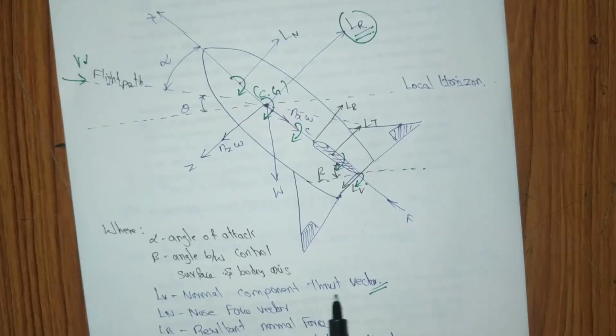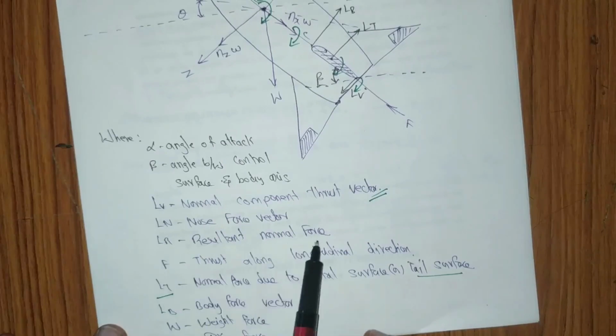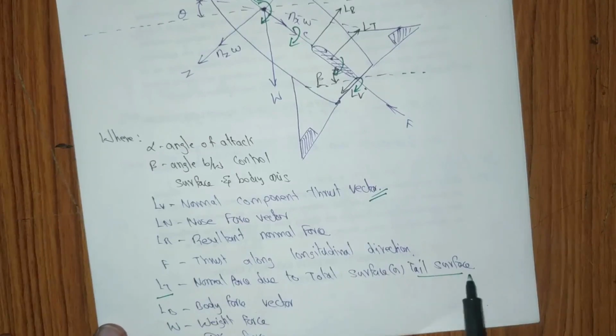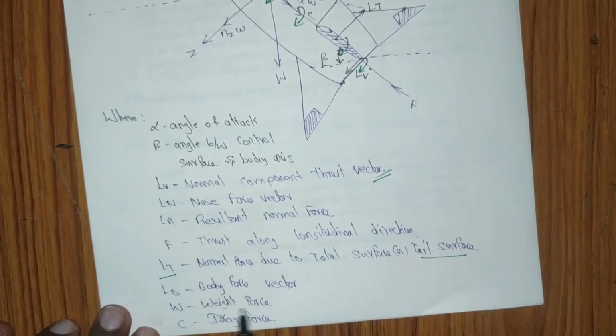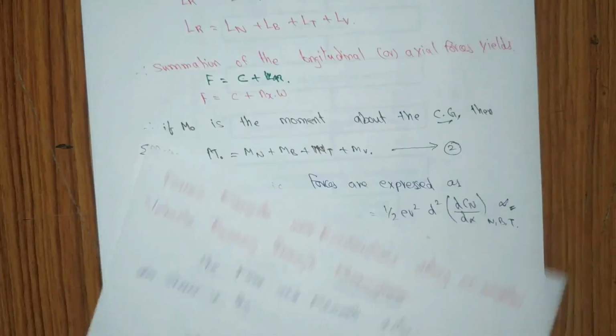Ln is the nose force vector, Lr is the resultant normal force vector, F is the thrust along the longitudinal direction, Lt is the normal force due to the tail surface, Lb is the body force vector, W is the weight force, and D is the drag force. So all these are acting here.